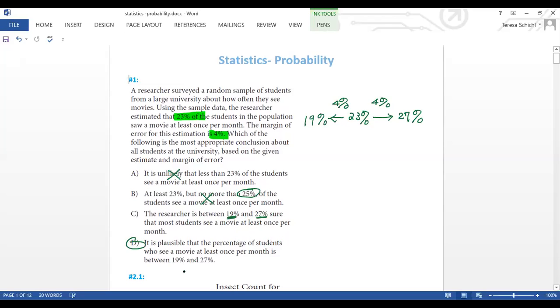So D will be the correct answer because it says it is plausible. Like I said, on the SAT they're not going to ask you to use the confidence level to compute it. That means at a certain confidence level, it is plausible that the percentage of students who see a movie is between 19 and 27.